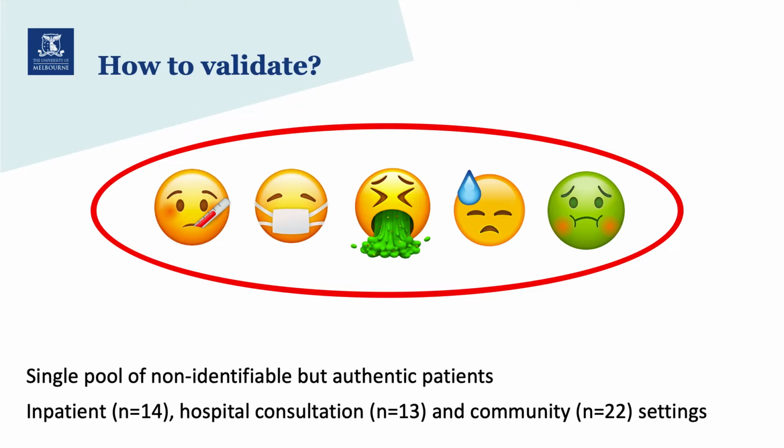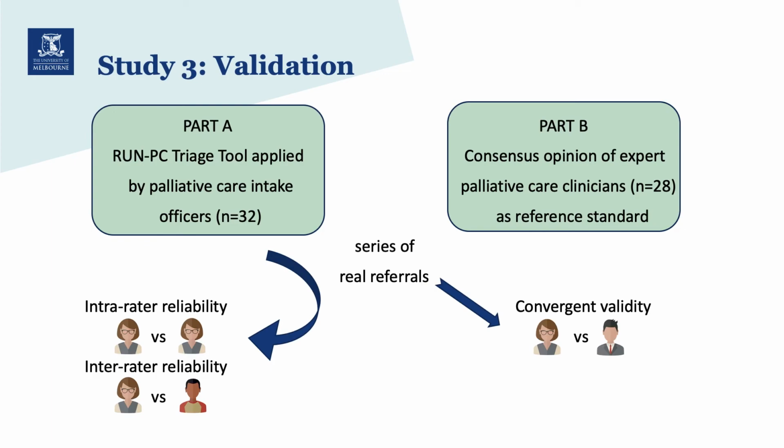It really was authentic in that there was information missing sometimes, or instead of a referrer saying, this person has moderate pain, they might say, well, they're taking this much medication and they're needing a top-up medication every few hours. That's the type of information we are really given in real life, where we would have to try to interpret it a little ourselves. So those are the vignettes that I gathered.